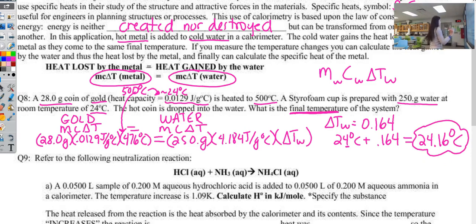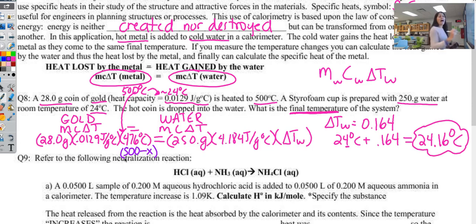Now, here's the question. What if I wanted to do it the long way, algebraically the long way, okay? Well, what you would end up needing to do is, because we know that the metal started off at 500 degrees Celsius, I would call this 500 minus X. But for the water, because it's the opposite as far as which one's losing and which one's gaining heat, we know that the metal is losing heat and this one's actually gaining heat.